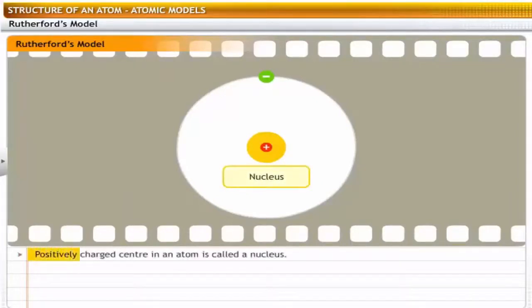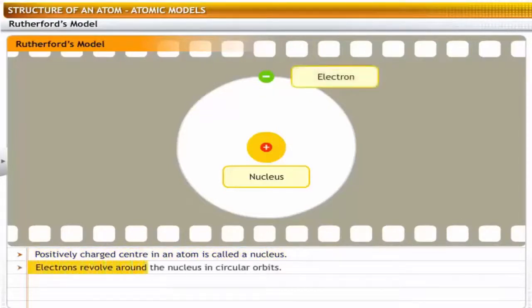The positive charge is concentrated in the center of the atom, which is called the nucleus. The electrons revolve around the nucleus in circular paths called orbits. The nucleus is much smaller in size than the atom.